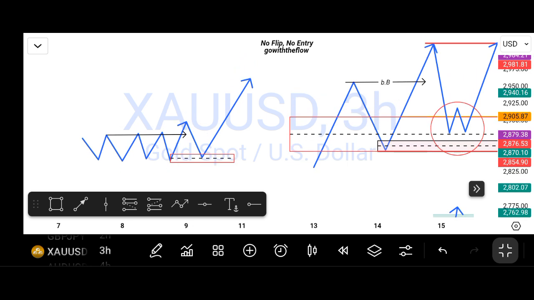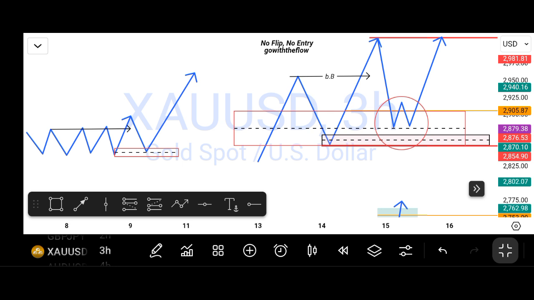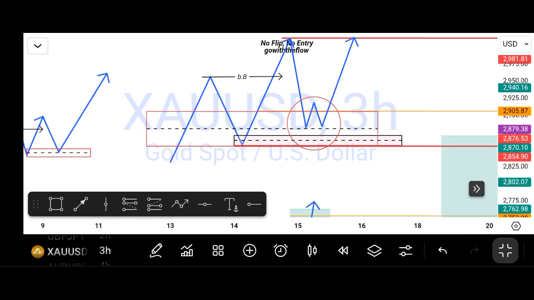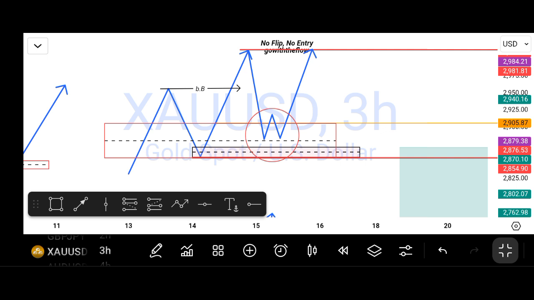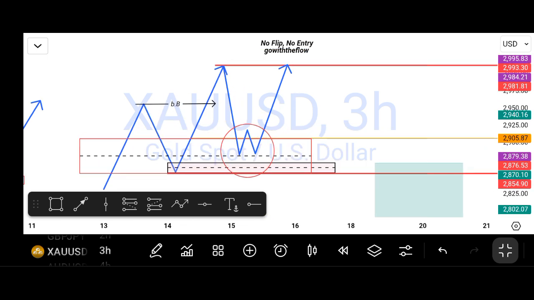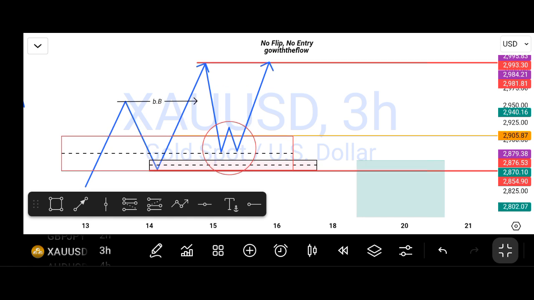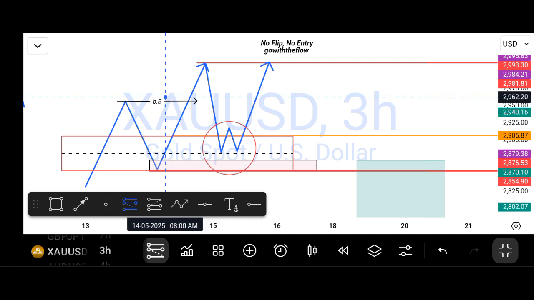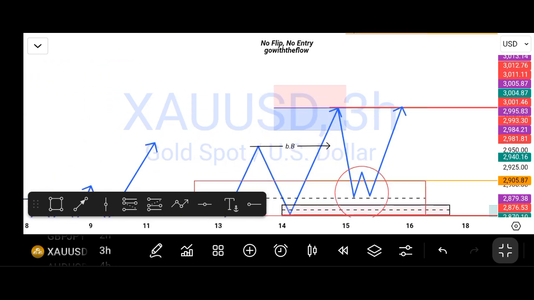We are going to be talking about the manipulation and distribution phases as we talk about entries in our discount zone. Now, what is a discount zone? The way we're taught, a discount zone is said to be 50% of the high and the low.